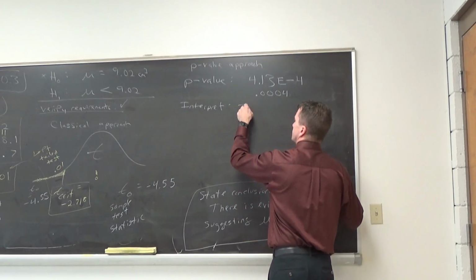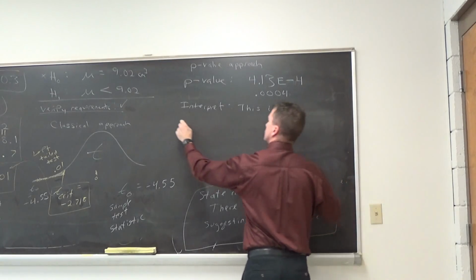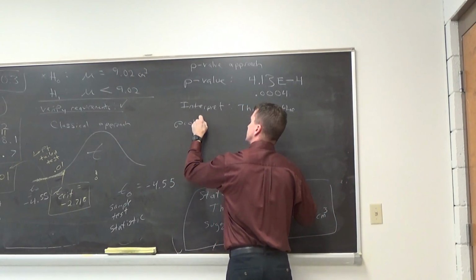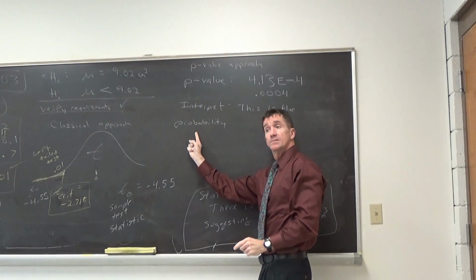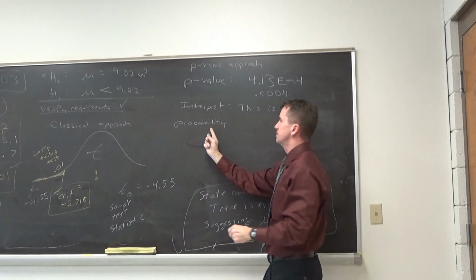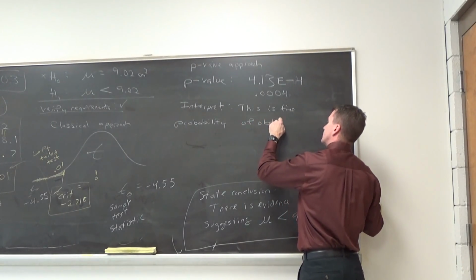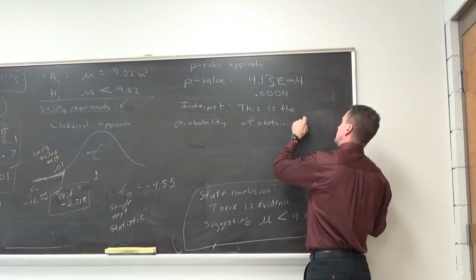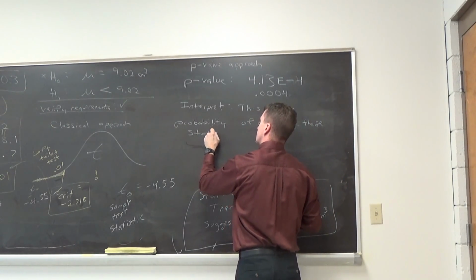And this is the probability. See, a p-value is a what? It's a probability of obtaining these results. I'll show you what I mean. These statistical results.